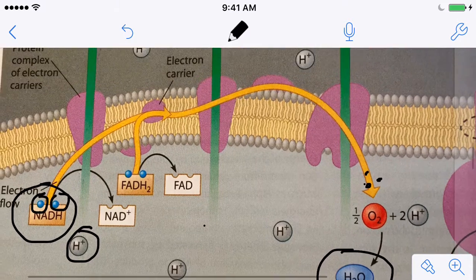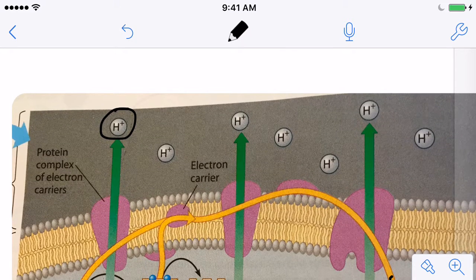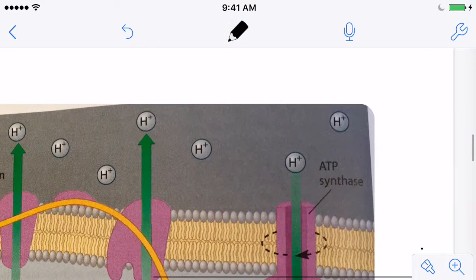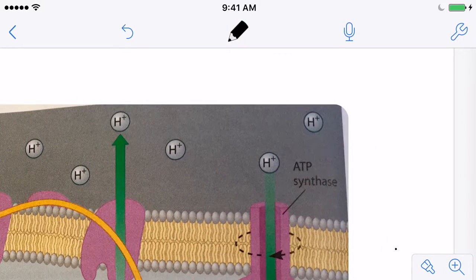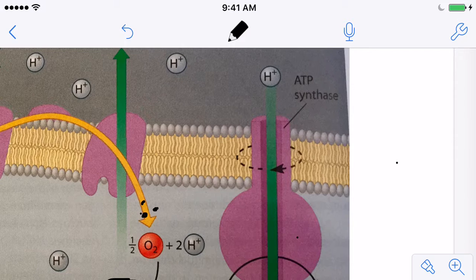Going back to the hydrogen gradient, all these hydrogens will have potential energy. After so much hydrogen is built up there, the potential energy will be built up like a dam and there will be so much pressure. The only way for the hydrogens to go across will be through the ATP synthase complex.